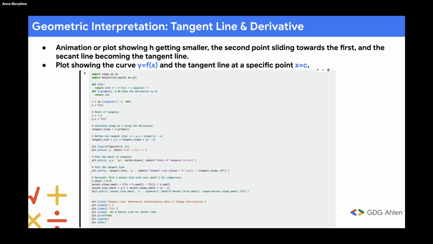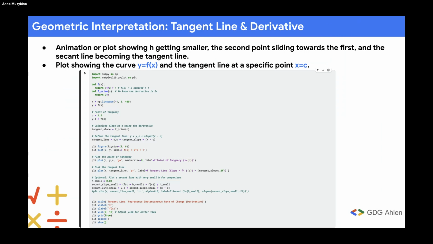So the slope at c equals 1.5 is f prime of 1.5 equals 2 multiplied by 1.5 equals 3. The code calculates the slope and uses the point slope formula to define and plot the tangent line.